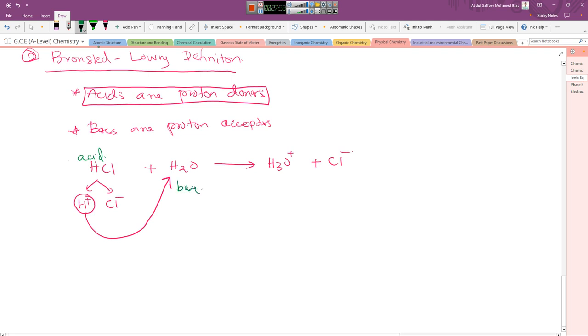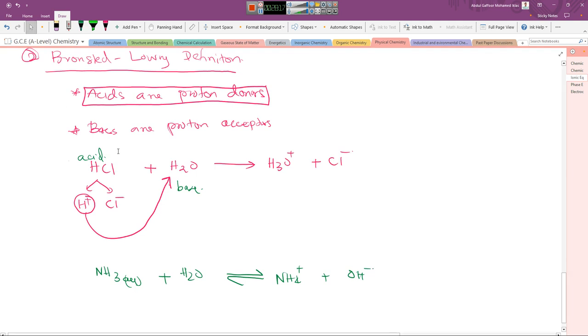That's all. And if you look at another example where we dissolve ammonia gas into water, ammonia aqueous plus water H2O will produce NH4+ and OH-, right?